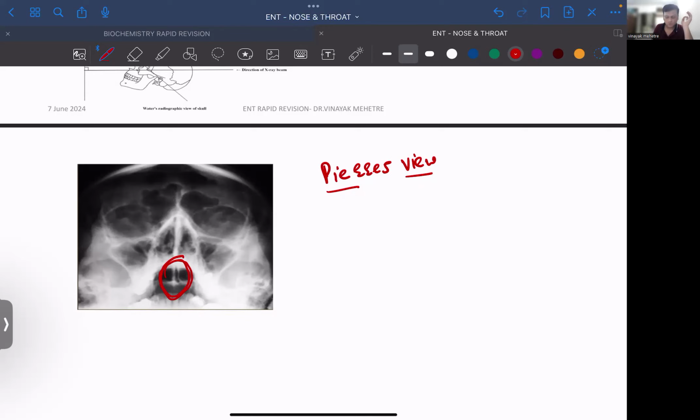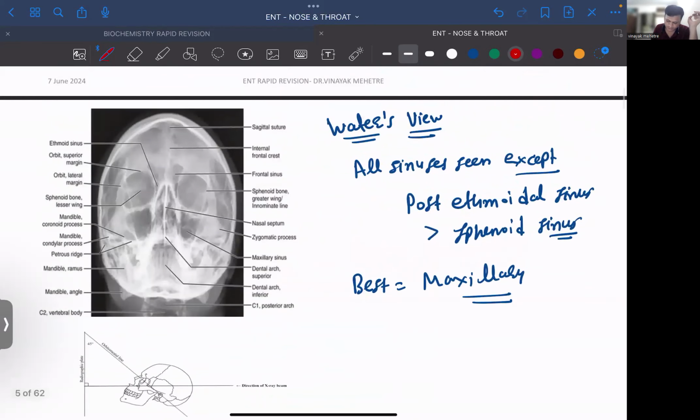So when you see a straight line, this is Perez view. If you are not able to appreciate a straight line in the mouth, that is Water's view.